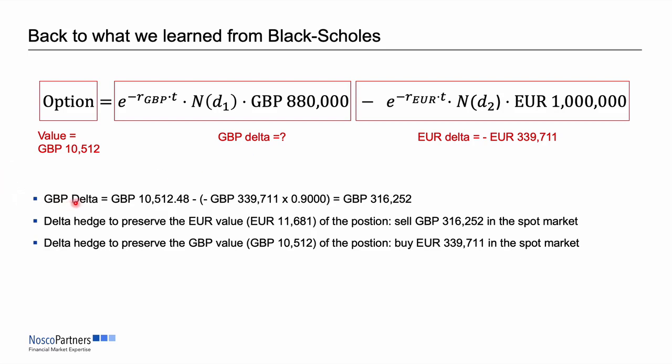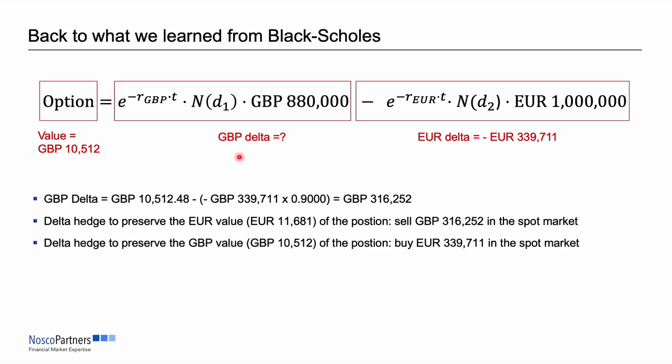The pound delta is nothing else than the value in pounds, and then I take this part to the other side, minus the euro delta converted into pounds, and if I calculate that, I get a pound delta of 316,252. So this is quite nice.